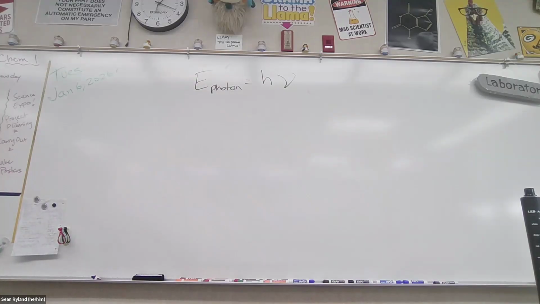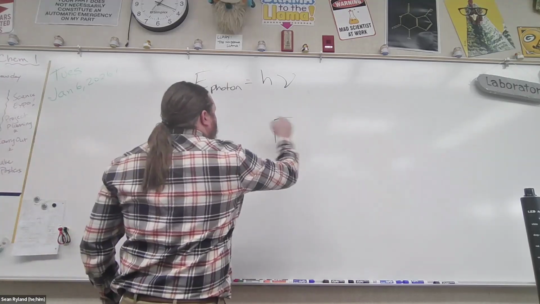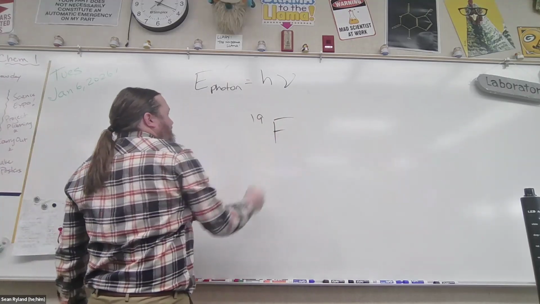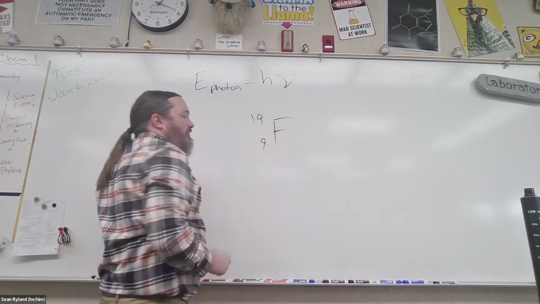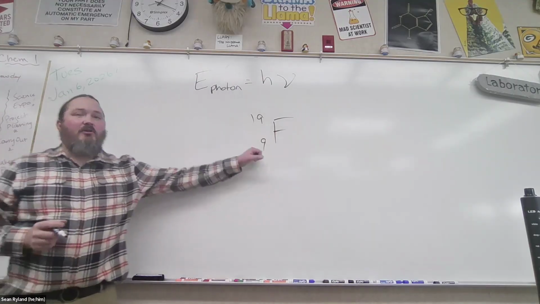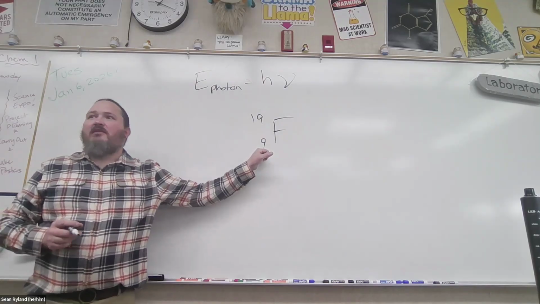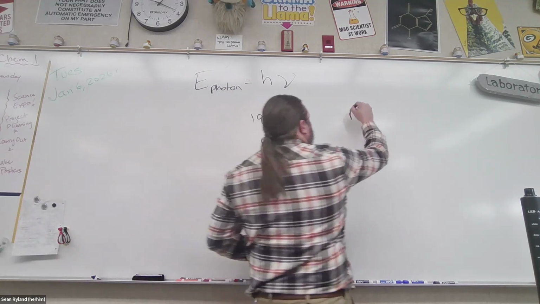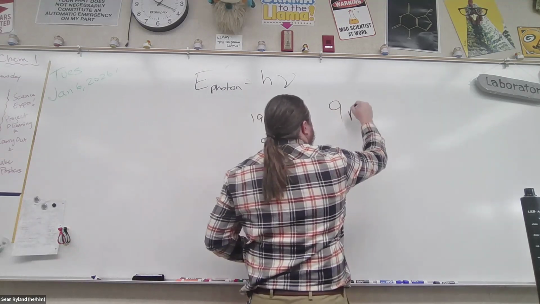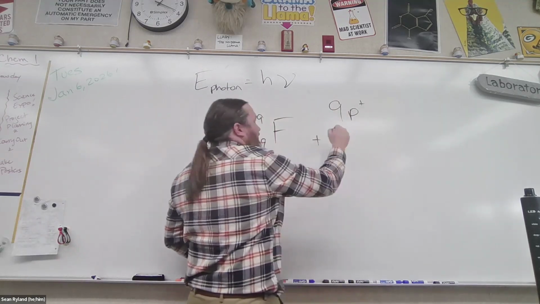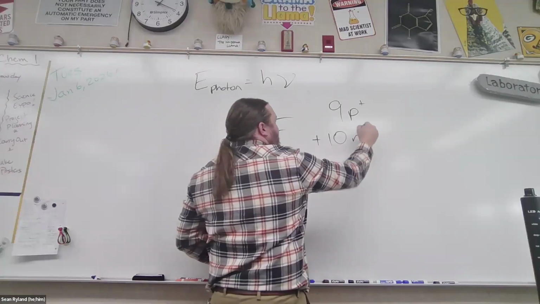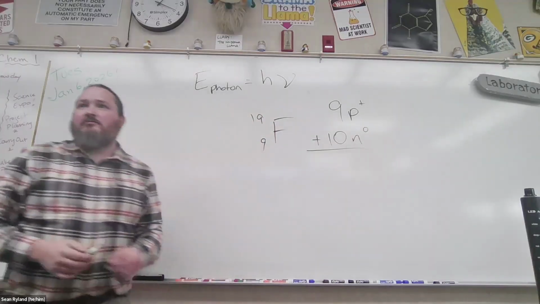We'll use fluorine. Fluorine has a mass number of 19 and atomic number of 9. So how many protons does it have? 9. And then it's got 10 neutrons as well, right?